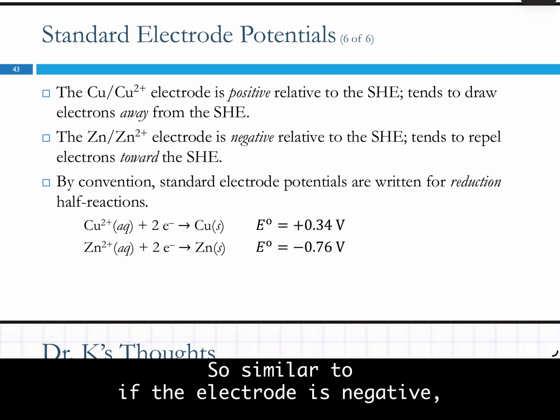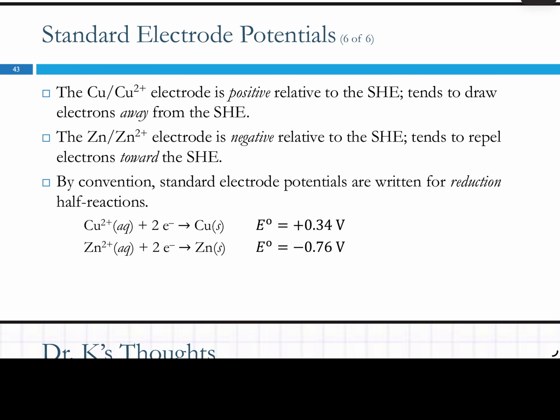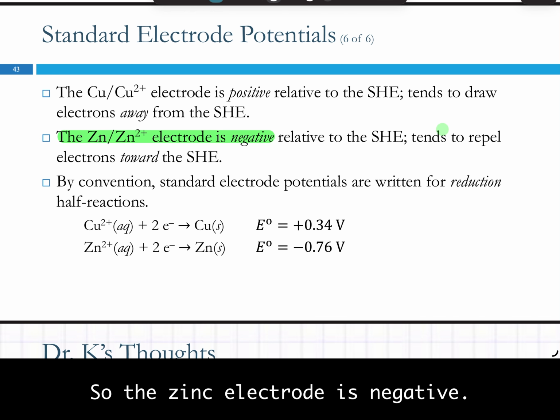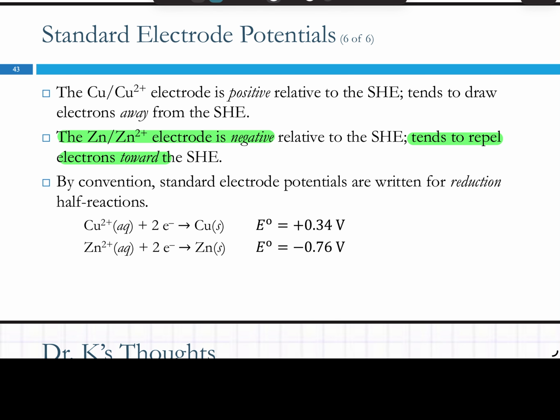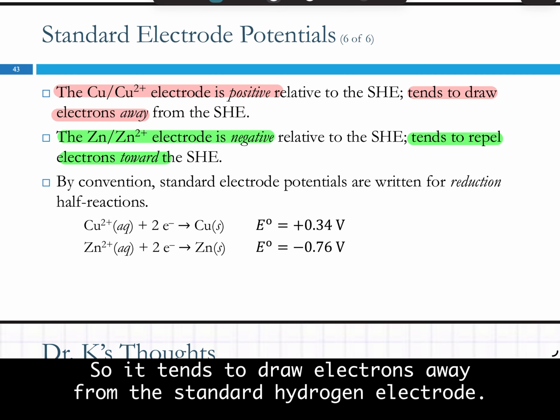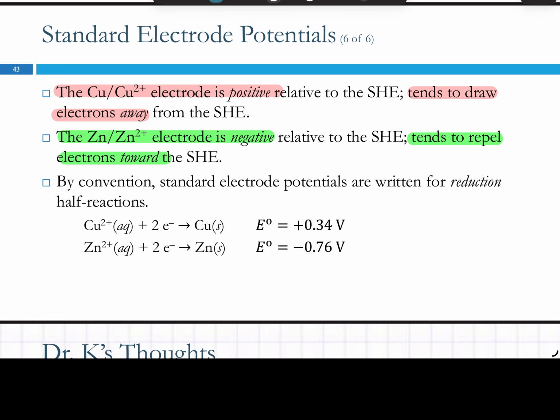Similar to if the electrode is negative, then it tends to repel. So the zinc electrode is negative, so it tends to repel electrons toward the standard hydrogen electrode. For copper, the electrode is positive, so it tends to draw electrons away from the standard hydrogen electrode.